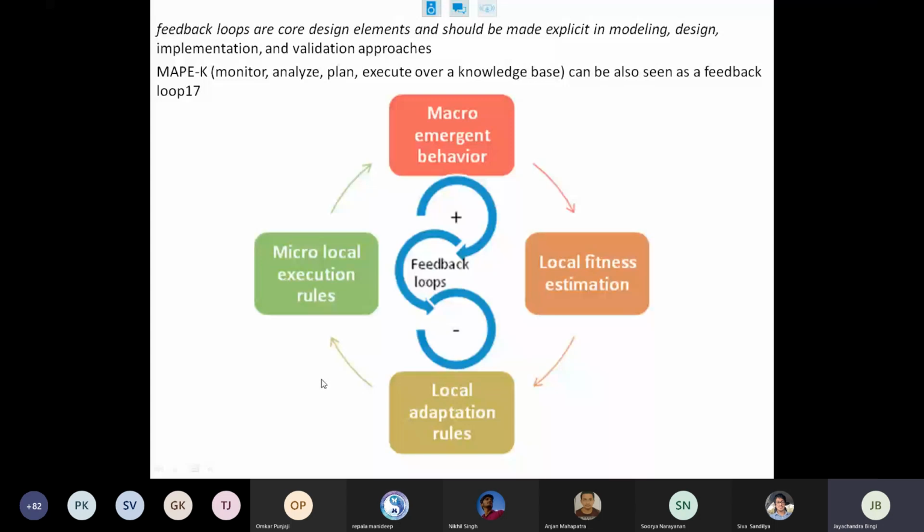So if you change subsystems in a particular fashion, those subsystems will work in a particular pattern according to the local adaptation rules. According to these, for the particular pattern of subsystems, it will monitor whether they are suitable or not. Then, if it is suitable, that will emerge as a behavior.